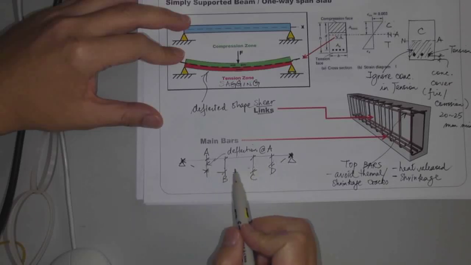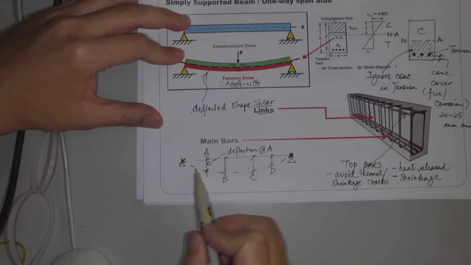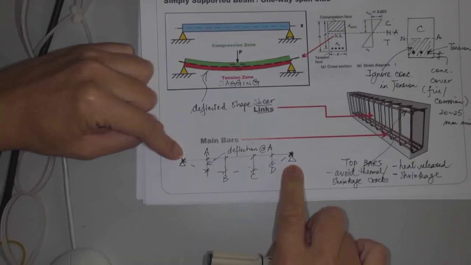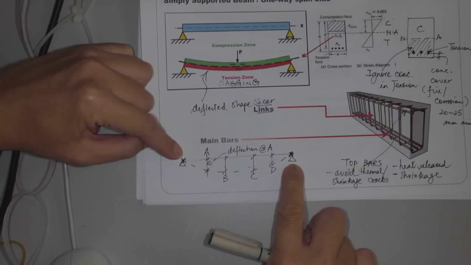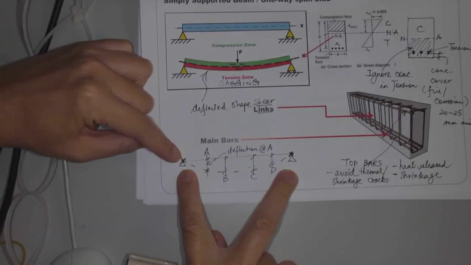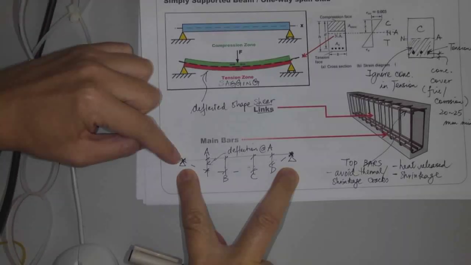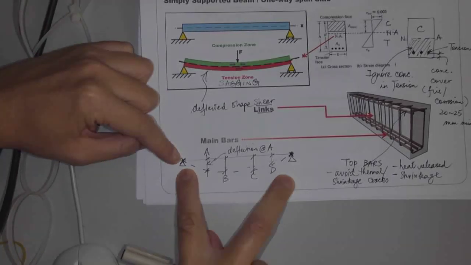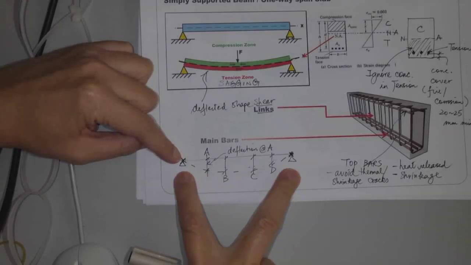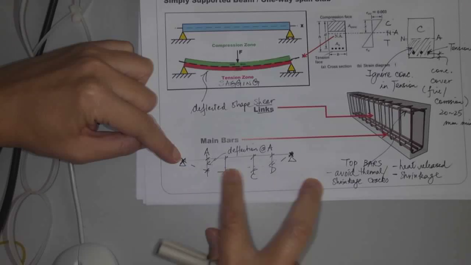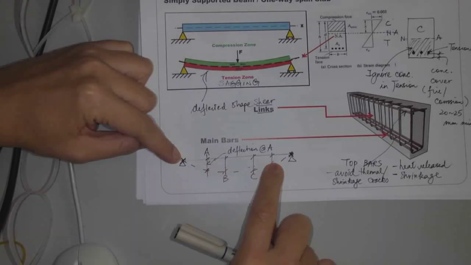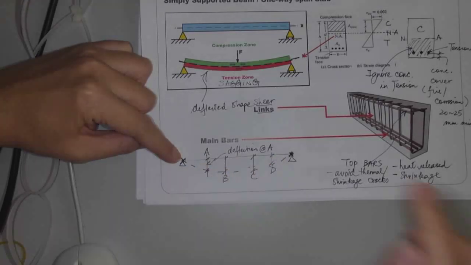Definitely they are not the same. What about the deflection at the supports? 0. There is no deflection at those 2 supports. Right? They're in contact with the beam. So there's no deflection there. But then at all other places, they keep changing. They're not the same.